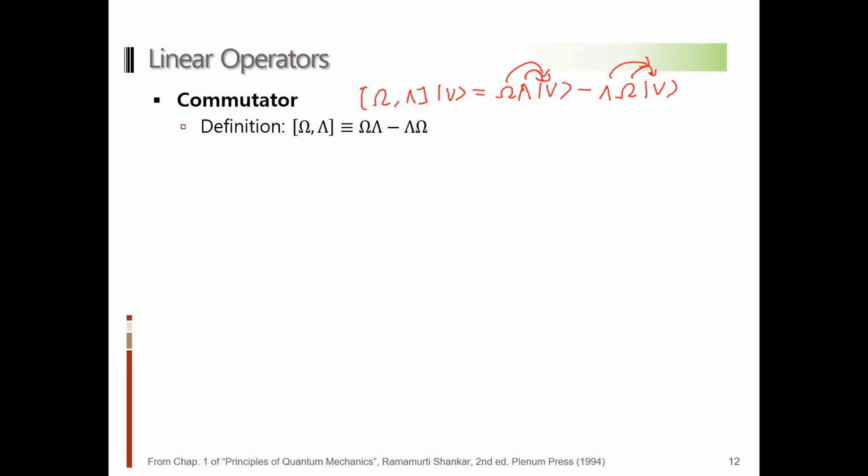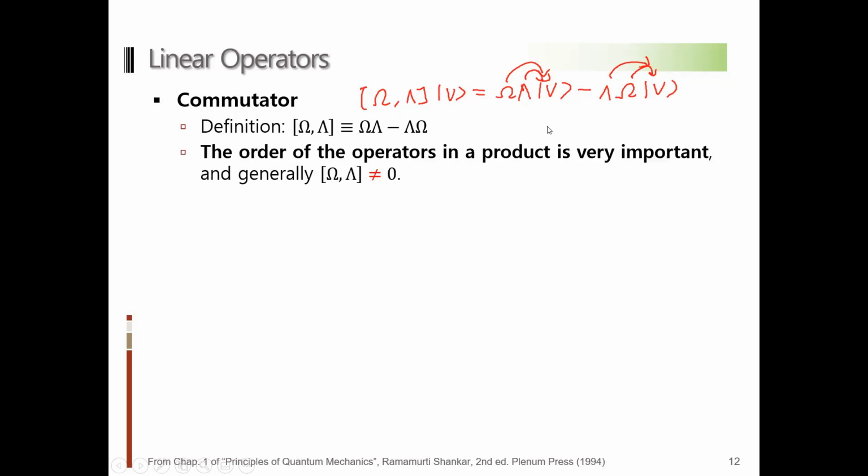If this is some kind of scalar function, even in that case the order might matter. But in general, the difference between this term and this term becomes more obvious when you remember that an operator generally corresponds to a matrix.